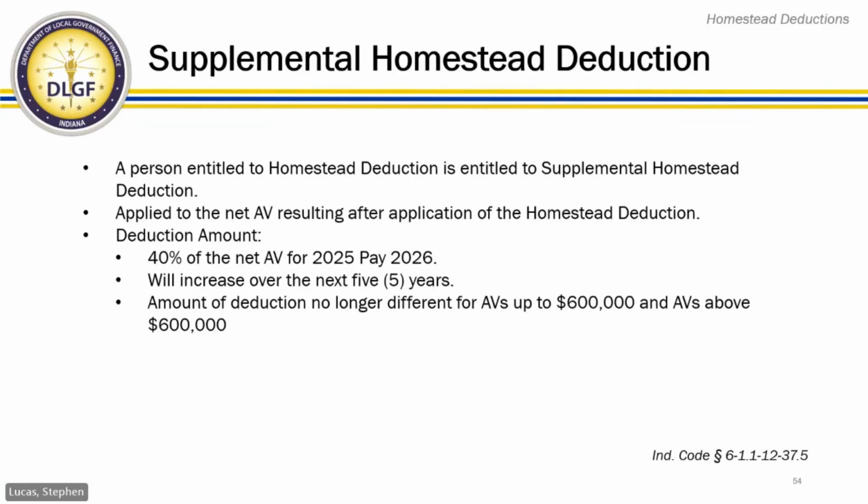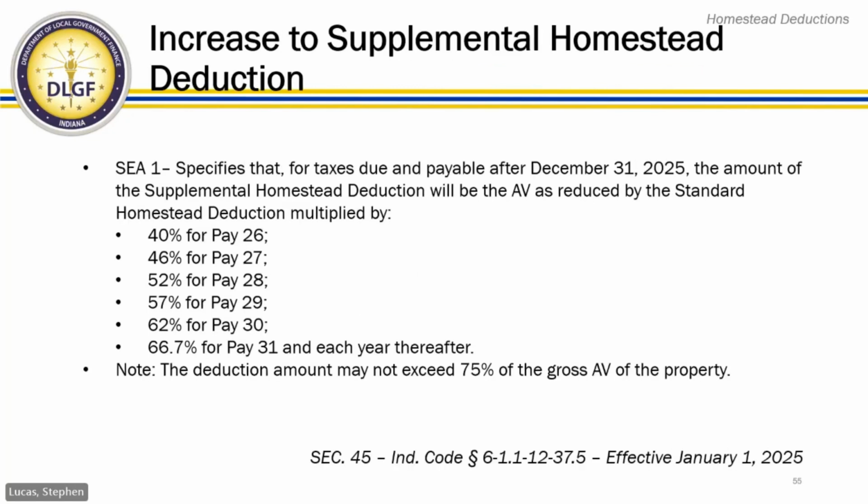You no longer really have to distinguish between whether the gross assessed value of a property was above or below $60,000. And like with the homestead deduction, this amount will be adjusted, but unlike the homestead standard deduction, which is being phased out, the supplemental is being phased upward over the next 5 years, as the next slide shows. These are the percentage amounts for the supplemental for the next 5 years.